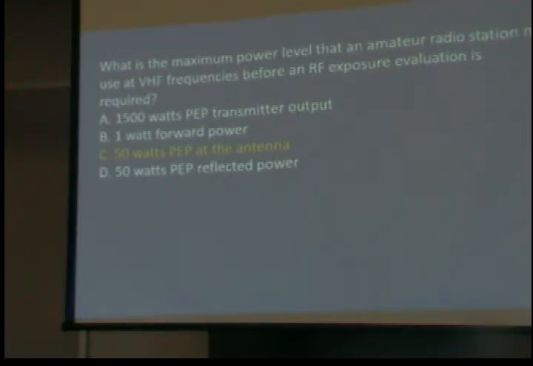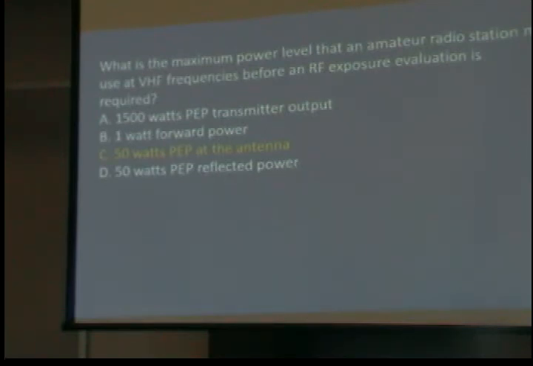No, forget the gain antenna. 50 watts at the antenna is that. If you have a 60-watt transmitter, you technically need one of these. But if you're using a coax feed line that loses enough of the energy, and it's only 50, you're okay.